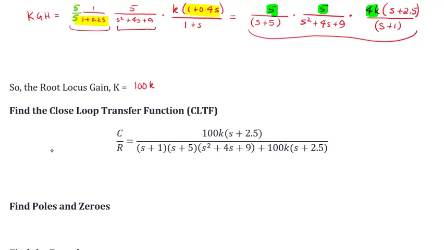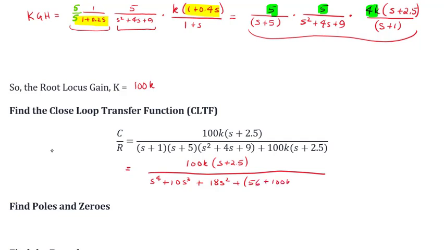And if we were to take it one step further, we would have 100 little k times s plus 2.5 all over s to the 4th plus 10s cubed plus 56s squared plus 100k times s plus 250k plus 45.